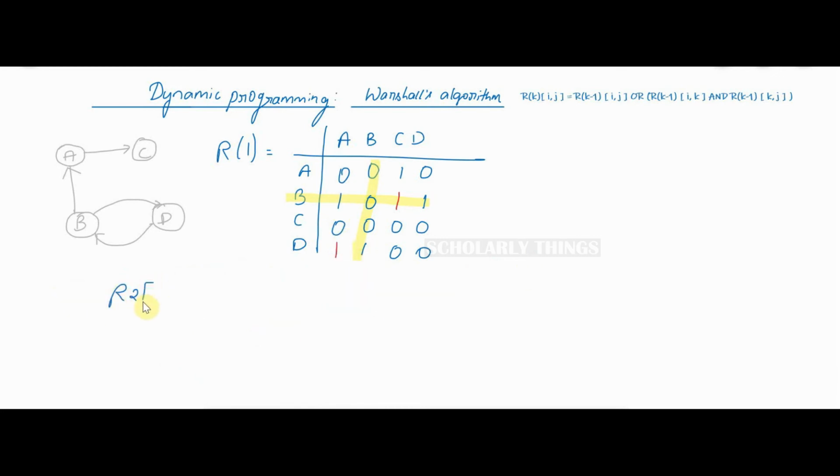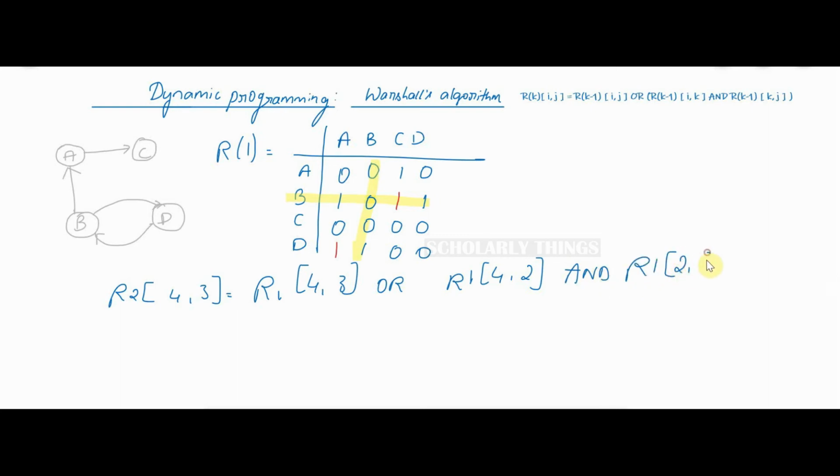Next, we can find out R2 of 4 comma 3 as R1 of 4 comma 3 OR R1 of 4 comma 2 AND R1 of 2 comma 3.